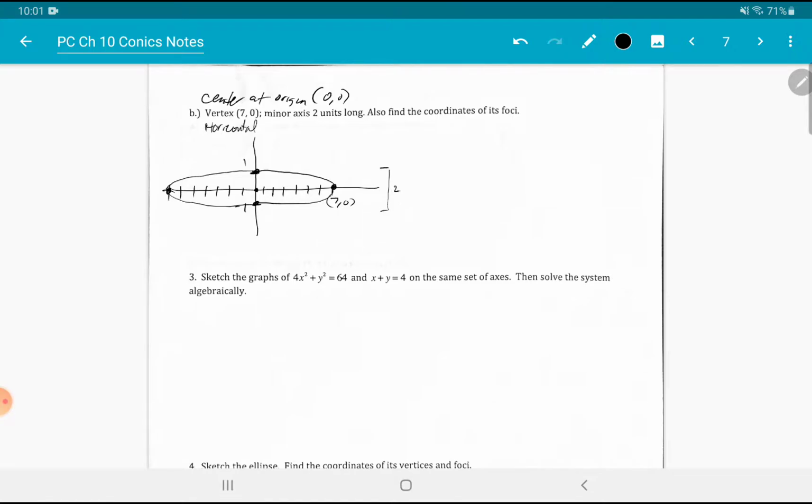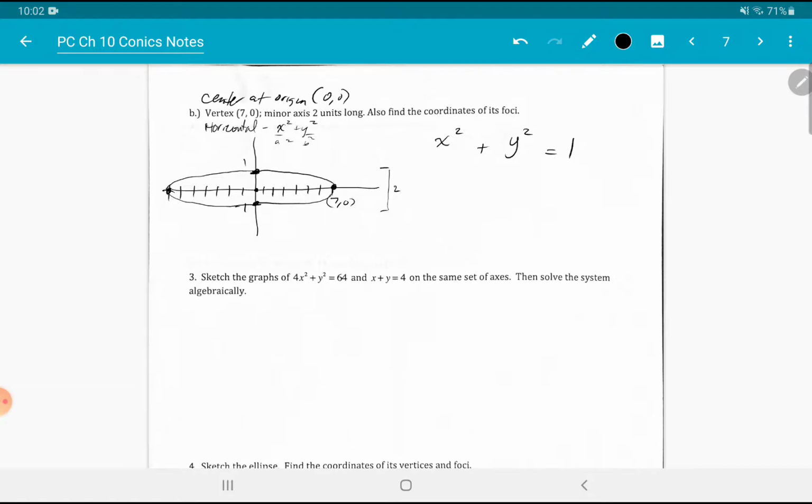Okay, and now we're going to go ahead and find the equation of our ellipse. Keep in mind, because it is a horizontal ellipse, horizontal ellipses always look like x squared plus y squared with some values attached to the bottom. So we're going to make sure we have x squared, we have y squared, and of course we always have a 1, right? It's always equal to 1.